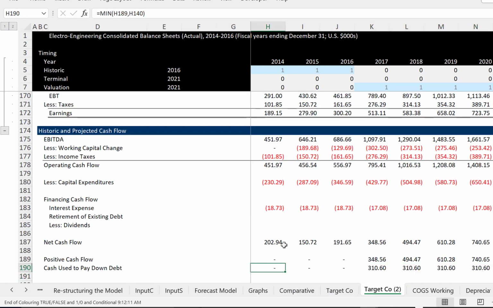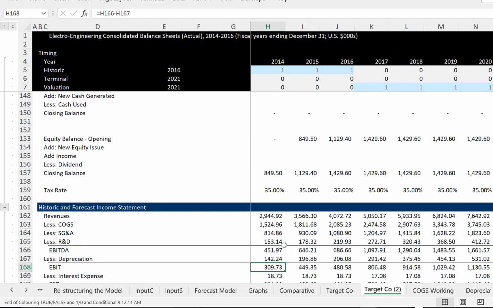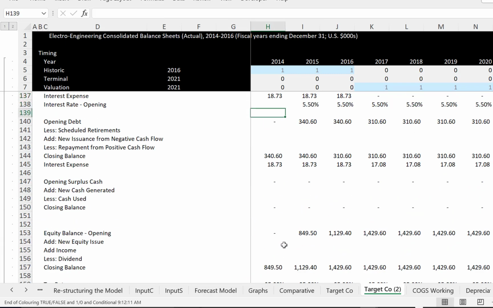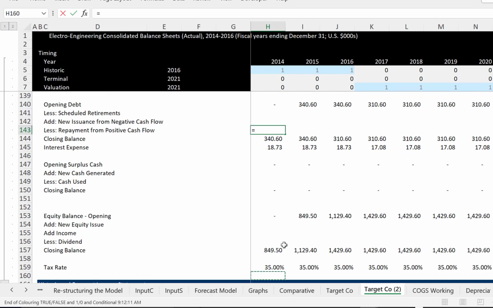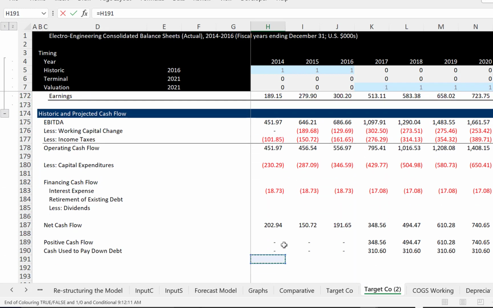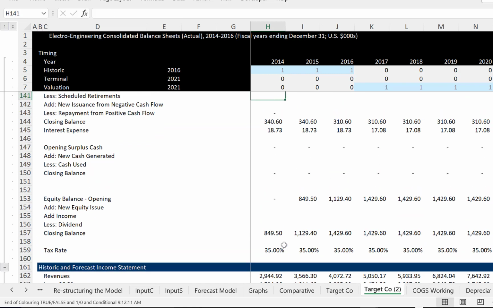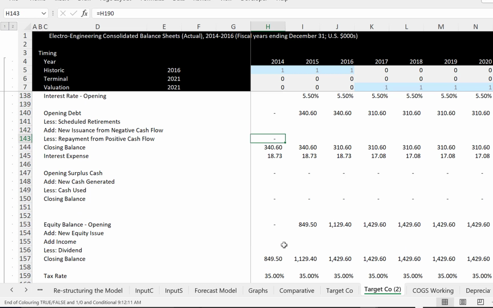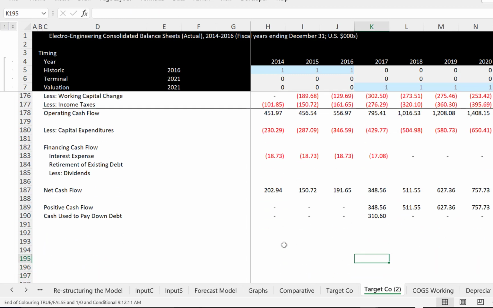So far it looks like we paid it all off, but then we go back up to this and say, okay, we're going to pay off this debt down here because we had positive cash flow, and we're going to get the debt. All right, and so what happens here is once we copy this across, we paid off all the debt in the first period. So then after that, we can almost do a little cash flow waterfall, but we don't need to.